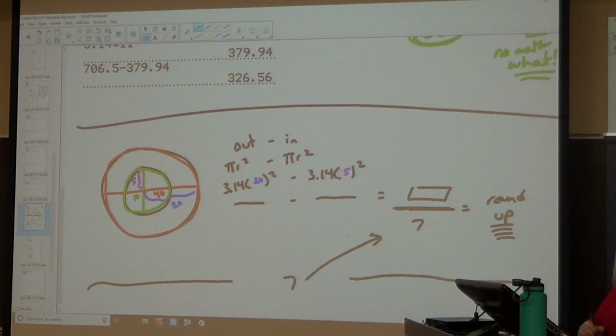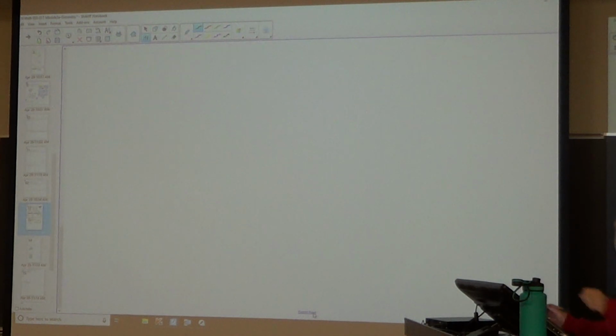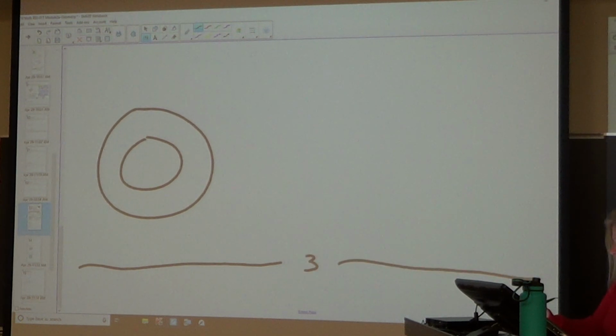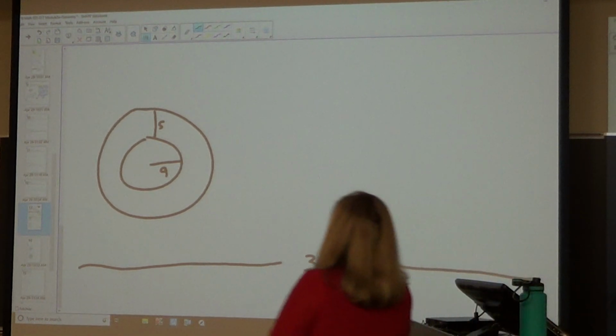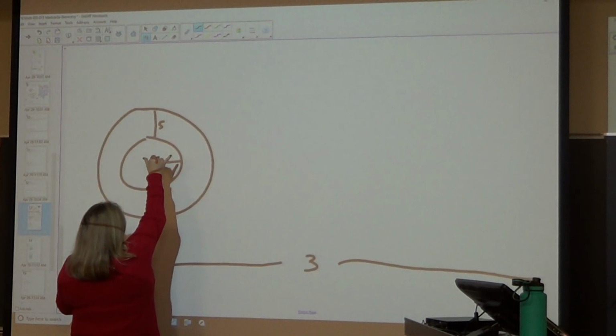Got it? Gotcha. All right, there's one more I want you to see. Same kind of problem. So, I'm telling you that the pool on the inside has a radius of 9.